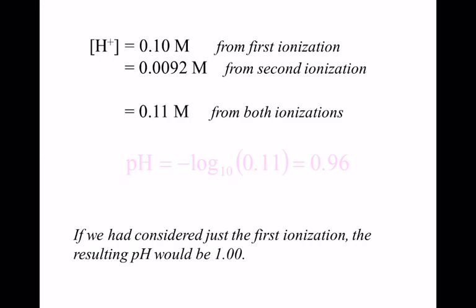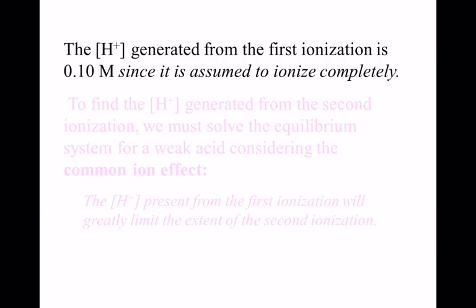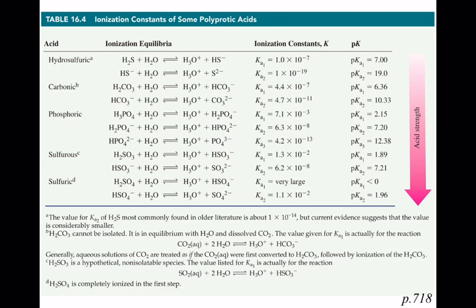Let's go back. I'm going to look back at that table. It looks like the Ka of the second ionization, that's what you use, 0.011. That's still pretty high.